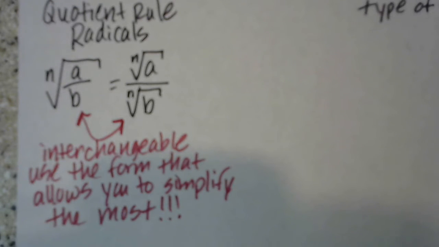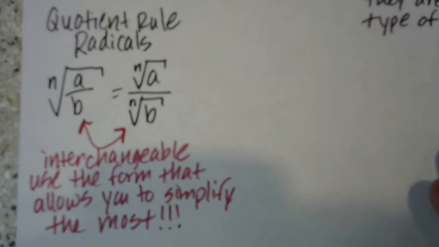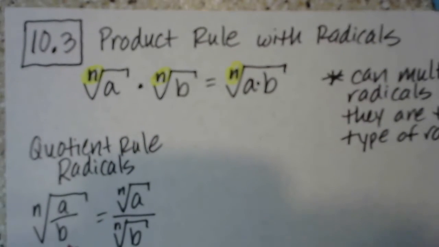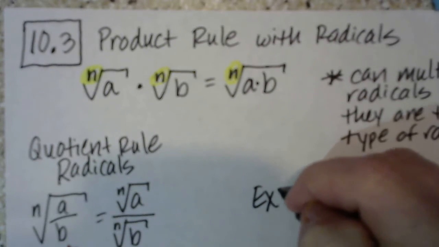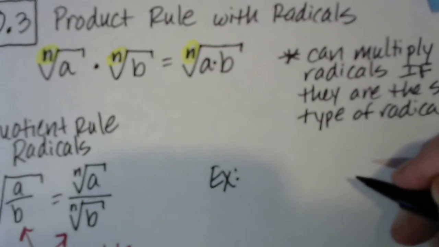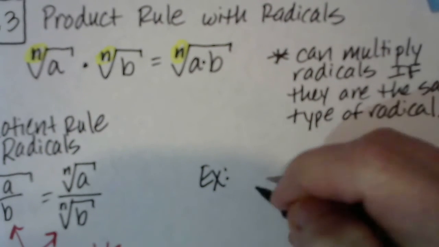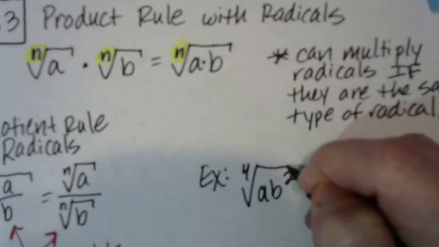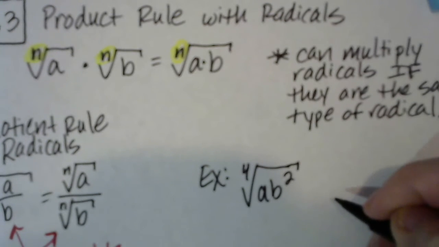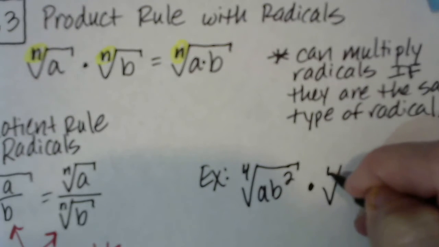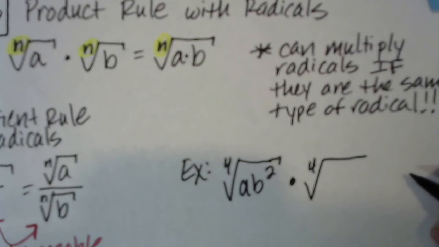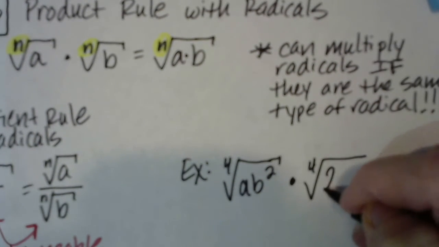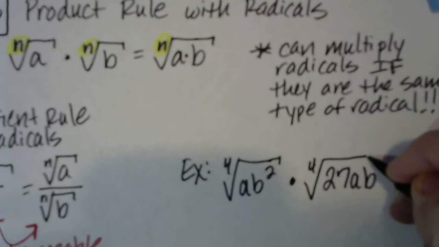So we're going to do a few examples here to make sure we know how to handle both of these rules. Okay? So the first one is going to be the fourth root of AB squared times the fourth root of 27AB.